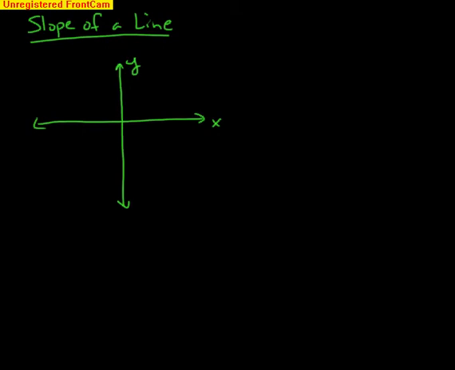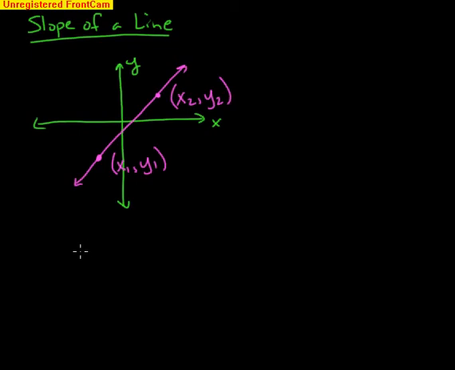Okay, we'll draw a line, just an arbitrary line through the coordinate plane. Let's say that's my line. And I would like to put 2 points on that line. Let's call the first point x1, y1. These are subscripts, they're small numbers at the bottom. Let's call this point x2, y2.